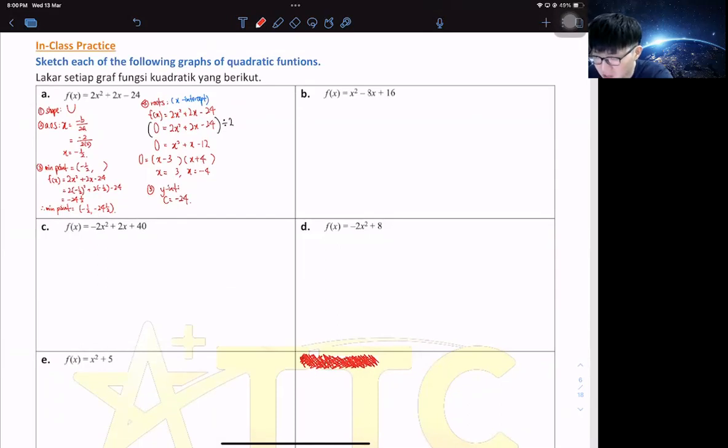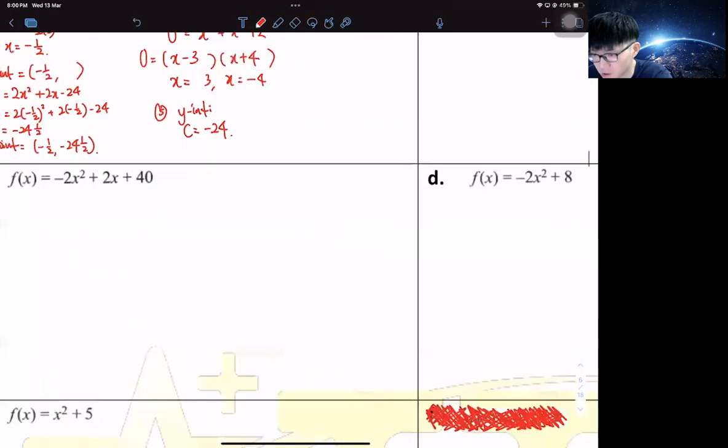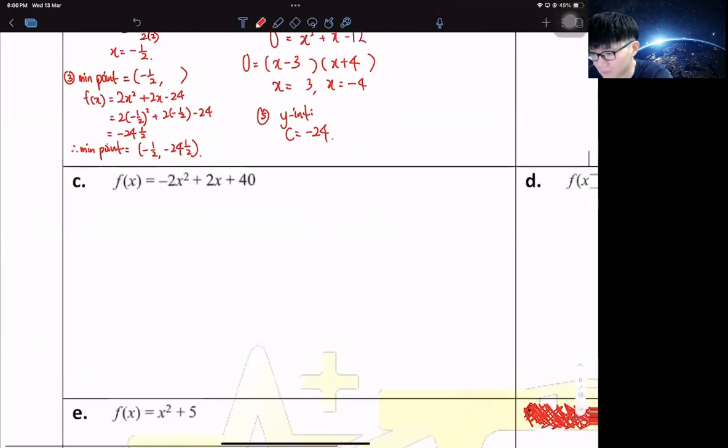But to be fair, I think I should show you C as well. Nothing new. I just wanted to make sure you have perfect workings on every single detail, every single step. You know why you are doing it like that.